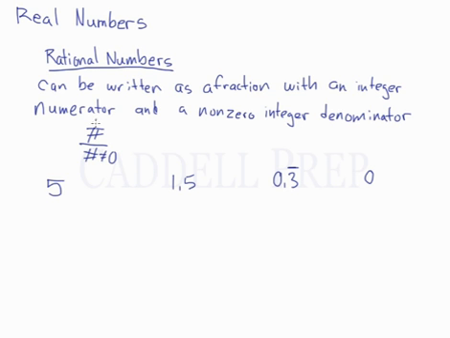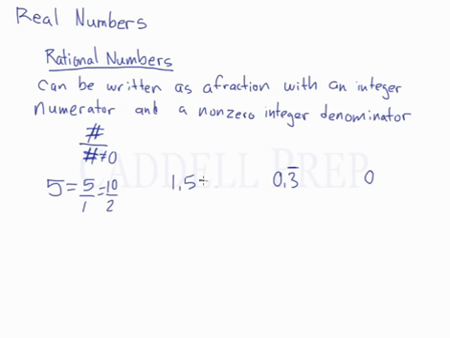It has to be able to be written as a number over a number. 5 can be written as 5 over 1. It can be written as 10 over 2, and a lot of different equivalent fractions with an integer over an integer. So this one is a rational number.